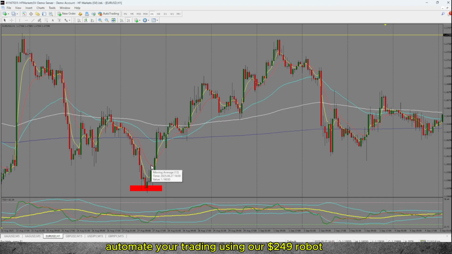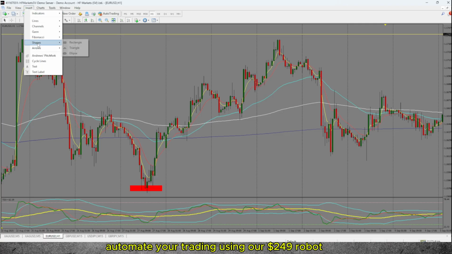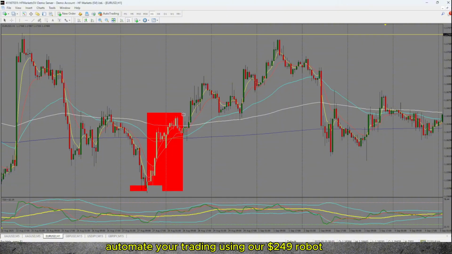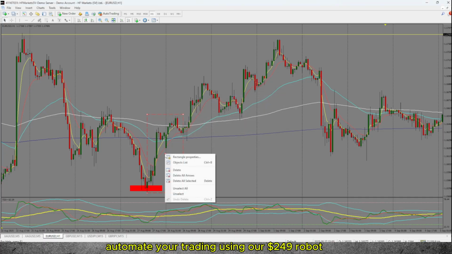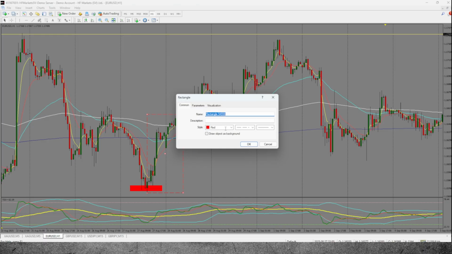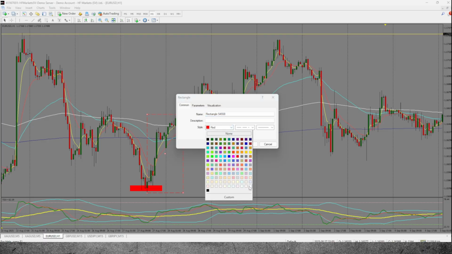Always try to find a 13 crossing a 50. That impulse is level 1. Whenever we see a 13 crossing a 50, we say level 1 has been issued. So this is the scenario that you are going to look for, a 13 crossing 50, and then we validate that as level 1.